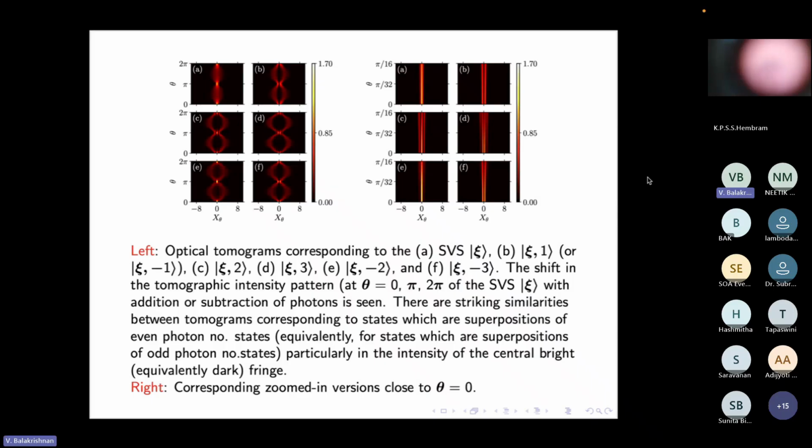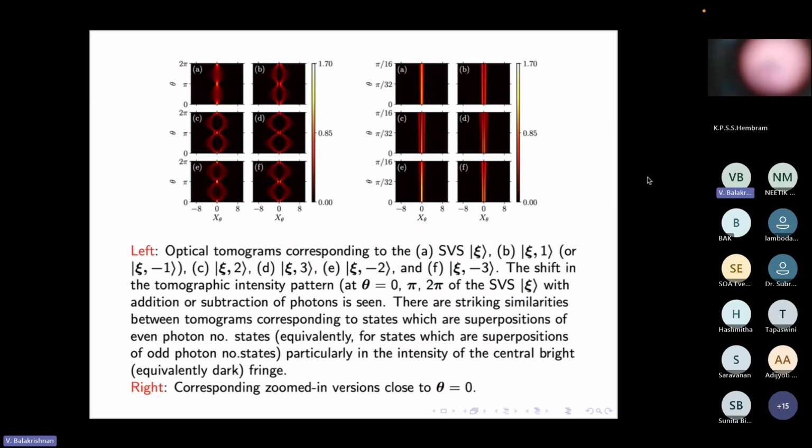If you subtract two photons, that is shown in E, the central bright fringe. And if you subtract three photons, that is shown in F. So you see, forget the addition of single photon or subtraction of single photon. In general, if you add or subtract an even number of photons, you get a central bright fringe.